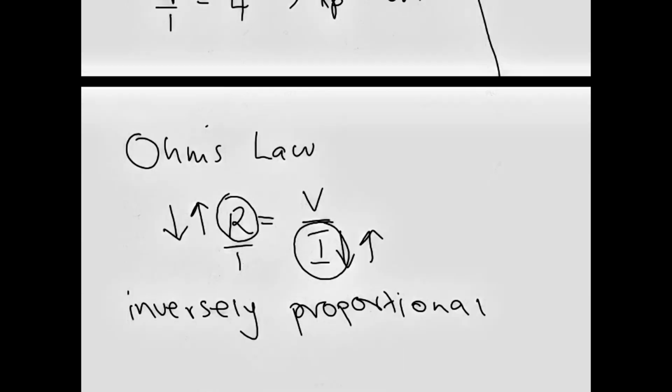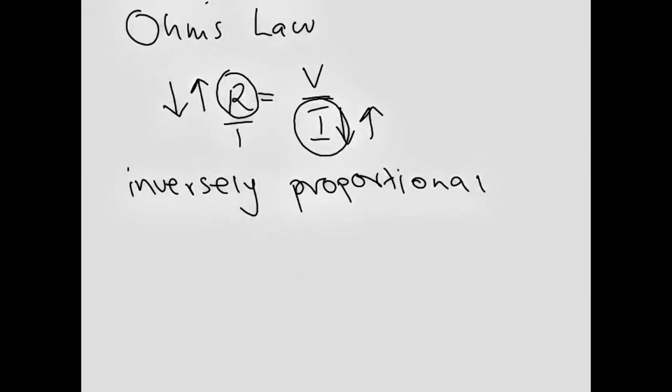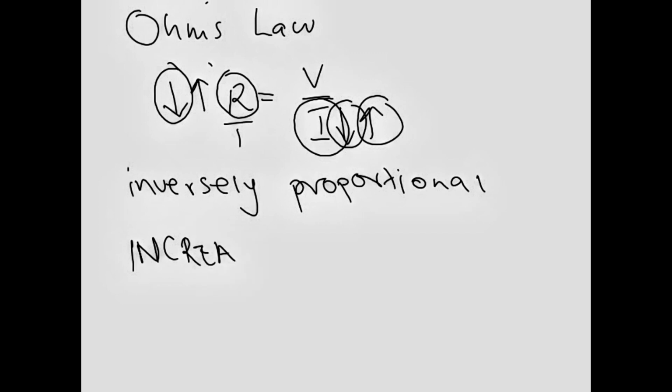If the resistance has decreased, it means that the current has increased. So we'll say the correct answer is increases, and you will only write the answer. But the reason is that the resistance is inversely proportional to the current.